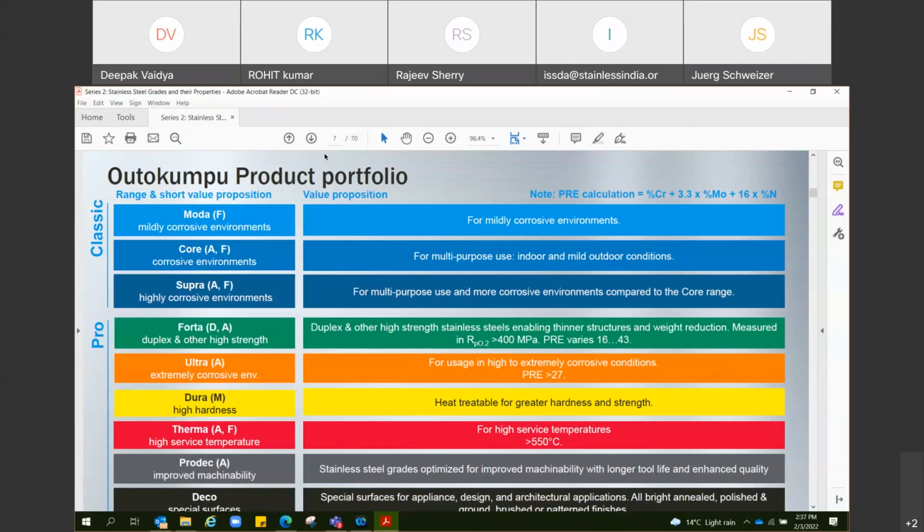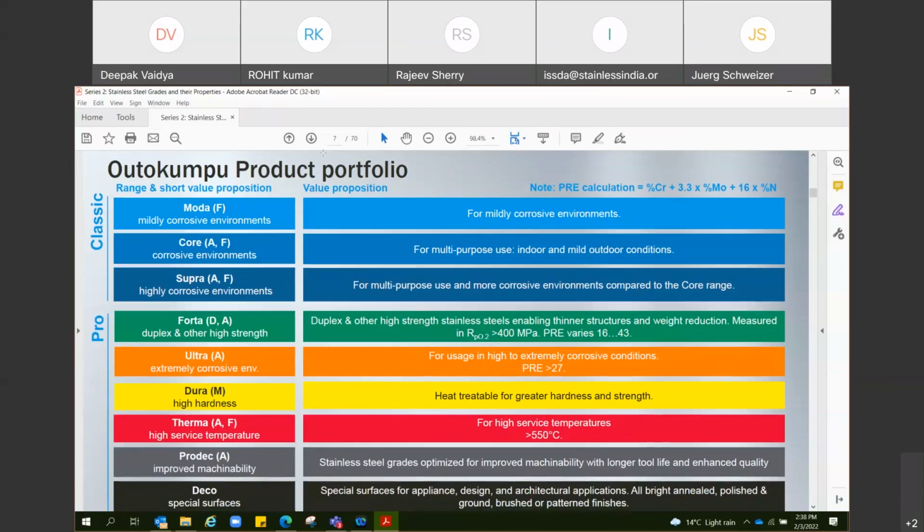And PREN value, pitting resistance equivalent number, they vary from 16 to 43. 16 starting from the austenitic series, and when you talk about lean duplex, it is around 24 and 26, then going up to super duplex up to 43. Ultra high alloyed, they are normally having a PREN more than 27, and Therma, when I talked about, is the high temperature, it is more than 550 degrees centigrade.